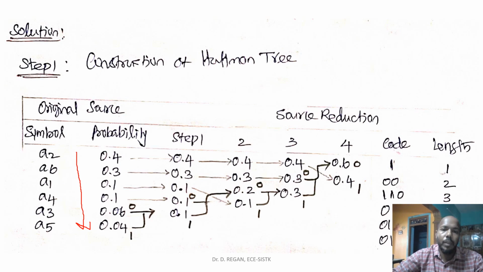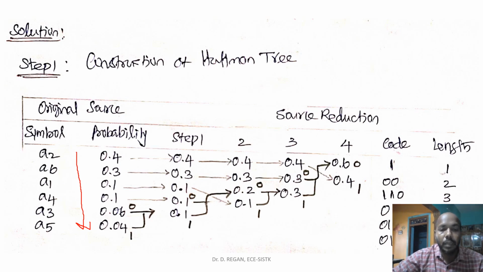Generally, if a symbol has higher information, its probability value is less, and if a symbol has lesser information, its probability value is greater. So I assigned 0 to 0.06, the higher probability value, and A5, with 0.04, has a lower probability value and so maybe higher information, so I assign it 1. You may take 1 and 0 the other way also; no problem.